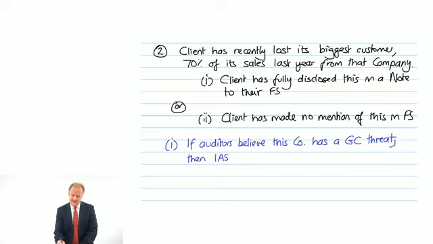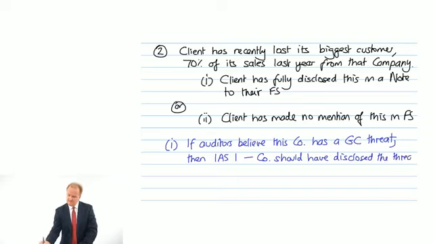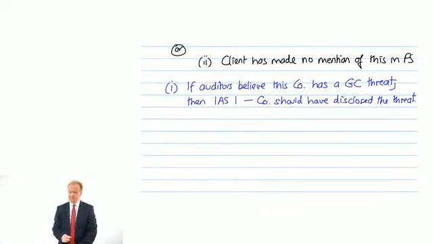then under IAS 1, the company should have disclosed the threat. But then it has.